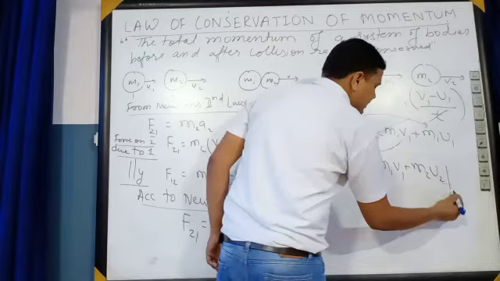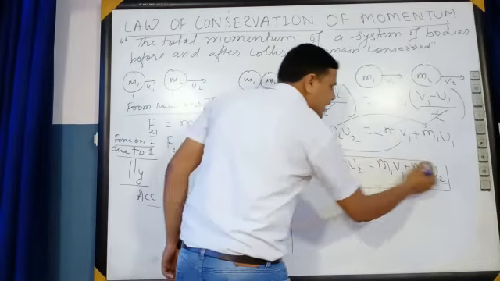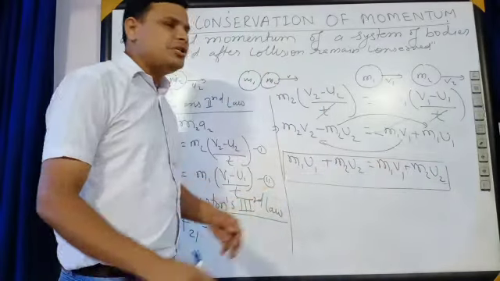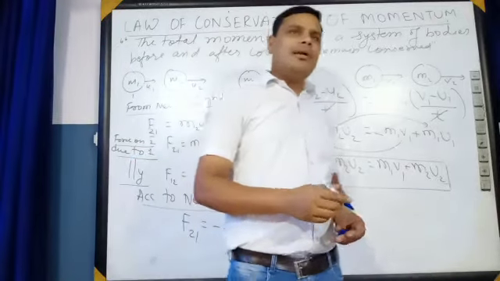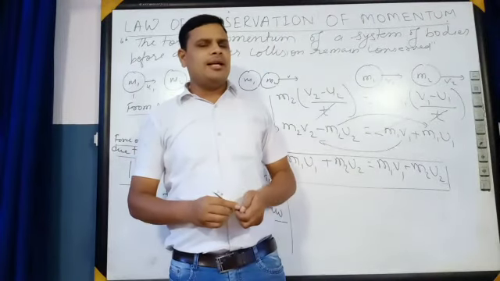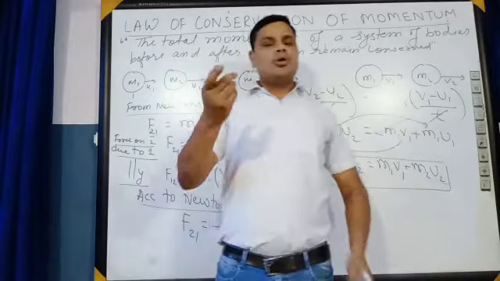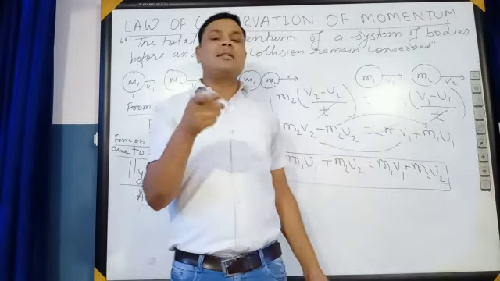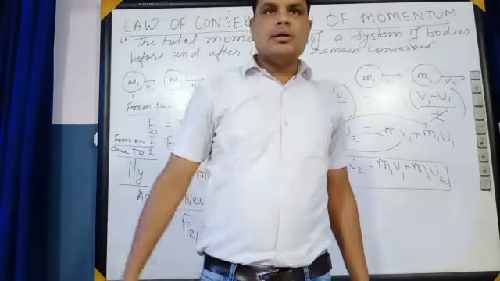Now we can say that this formula relates to the law of conservation of momentum. So today we have learned two things. First, Newton's third law of motion: to every action there is an equal and opposite reaction.